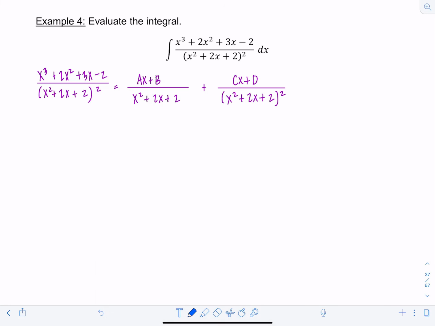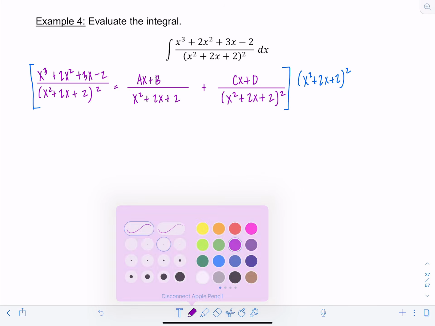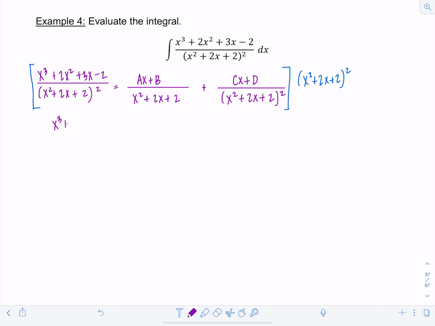All right, now let's clear out those fractions. So I'm going to multiply by the LCD, which in this case is x squared plus 2x plus 2 squared. And let's see what we get. We have x cubed plus 2x squared plus 3x minus 2 equals ax plus b times, one of those x squared plus 2x plus 2's is going to cancel, so I've just got x squared plus 2x plus 2, plus cx plus d.